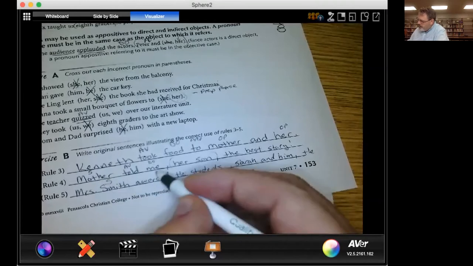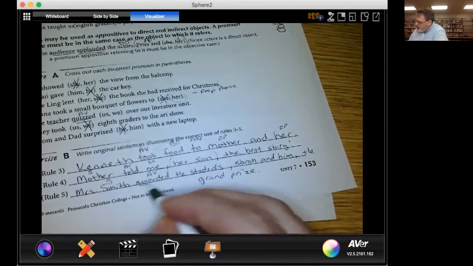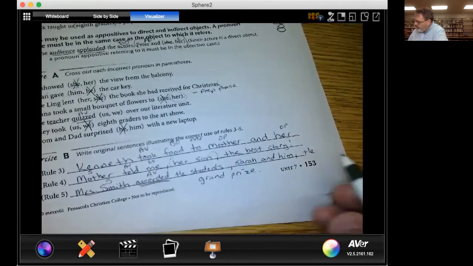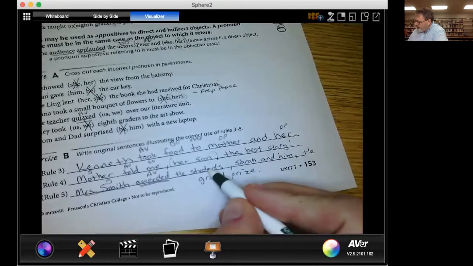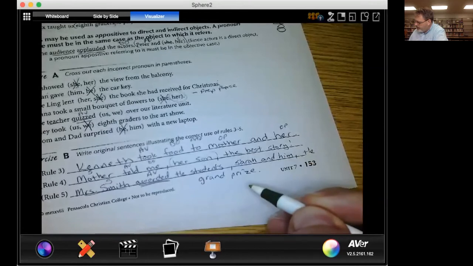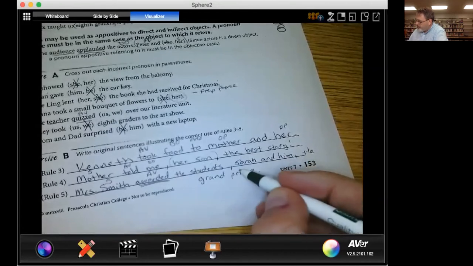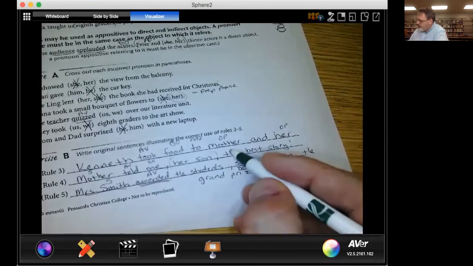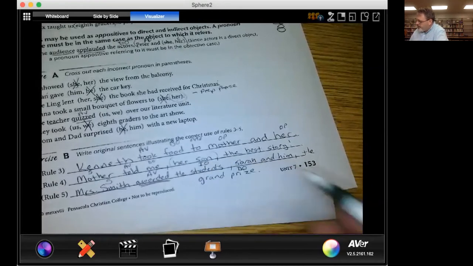So Mrs. Smith is the subject. She did something. She awarded, an action verb. Who did she award? She awarded the students. Well, she actually awarded the prize, which is the direct object. Who received the prize? The students. That's your indirect object.